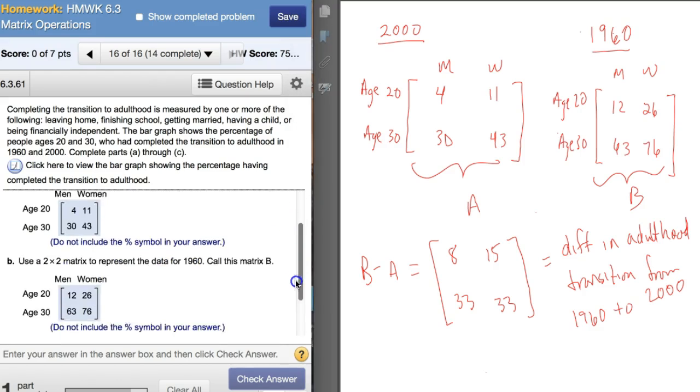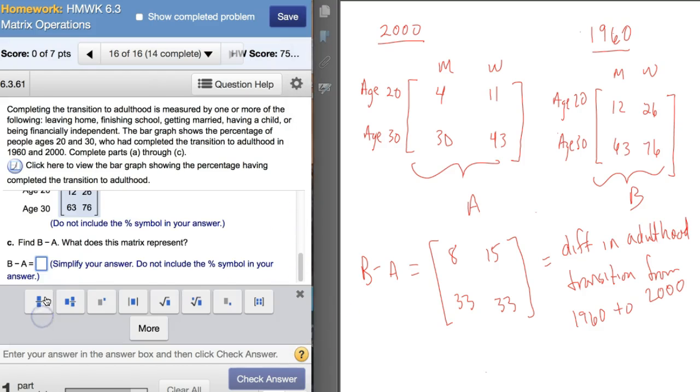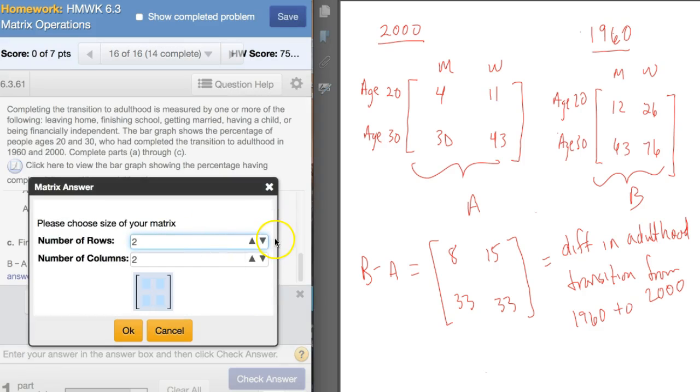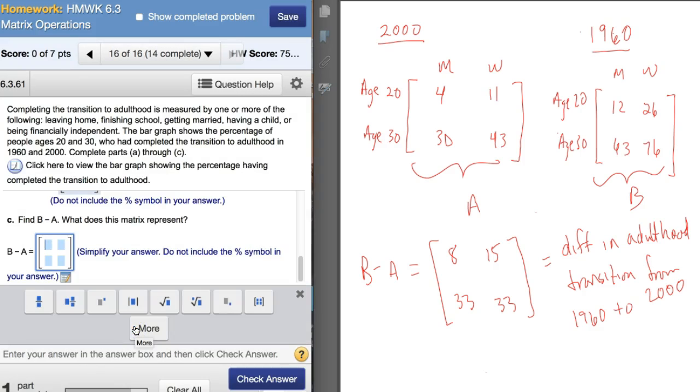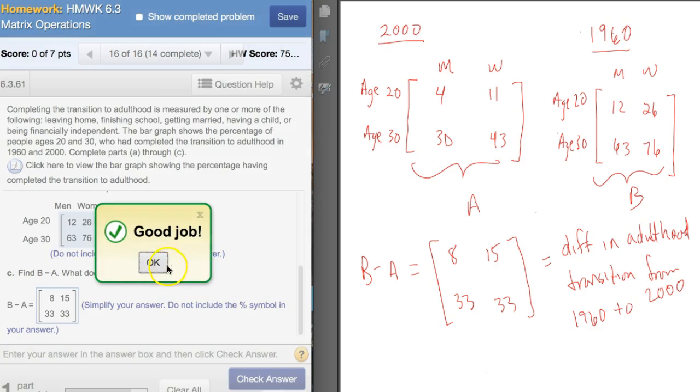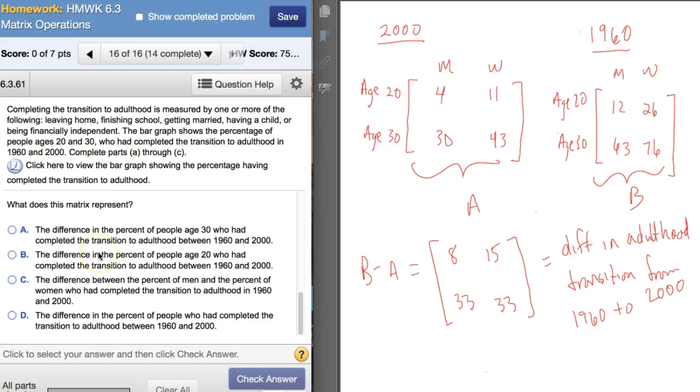So let's go ahead and enter this information in. So this is another 2 by 2, and we'll enter in the info. All right. So what does this matrix represent? It said the difference in the percentage of people age 30. Nope. So A won't work. We need something for both 1960 and 2000. So the difference between the percentage of people age 30 who had it.